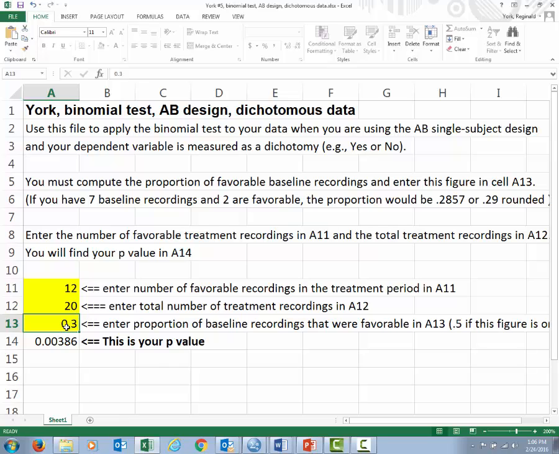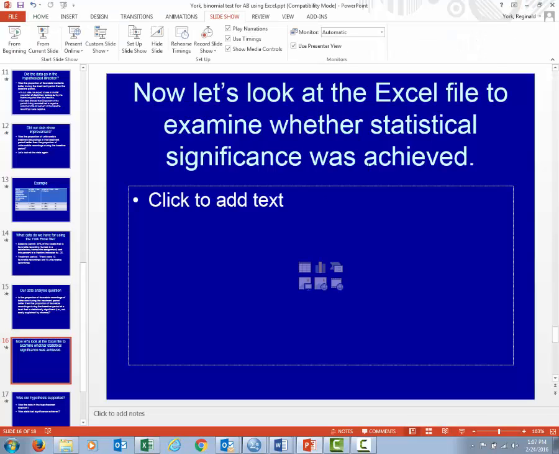That's the data analysis question. We get the answer right here, where we have the p-value of 0.00386. 0.00386, of course, is less than 0.05. So if you're using the normal standard in the social sciences of p less than 0.05 as data that is statistically significant, then you have data that has shown that to be true here.